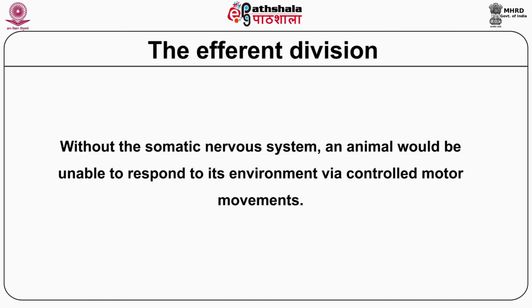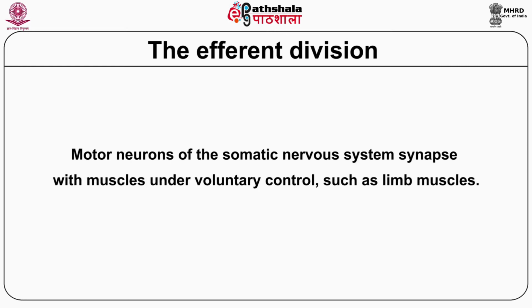Without the somatic nervous system, an animal would be unable to respond to its environment via controlled motor movements. Motor neurons of the somatic nervous system synapse with the muscles under voluntary control, such as limb muscles.